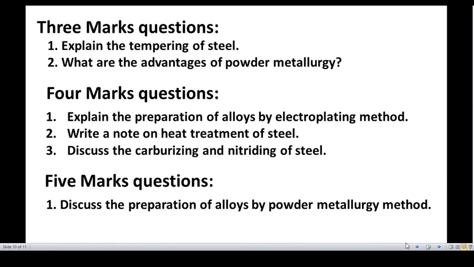So these are all the things you have to write down, and you have to draw a diagram showing the experimental setup. So what does it consist of? It consists of two dies, one is the lower die and the other is the upper die. In the lower die you will have a molding cavity in which the metal powder or mixture of metal powders is taken, and the lower and upper dies are held together by guide pins.